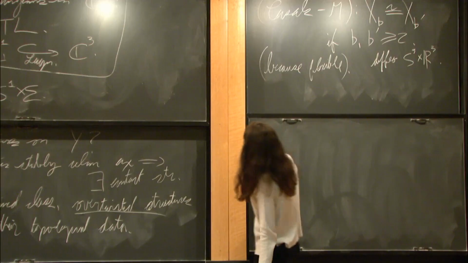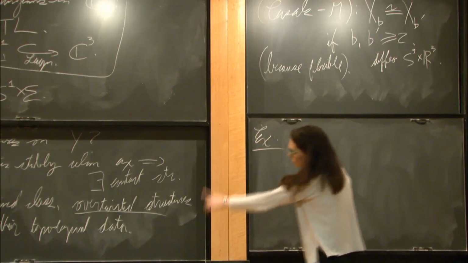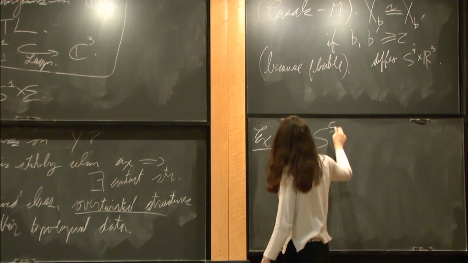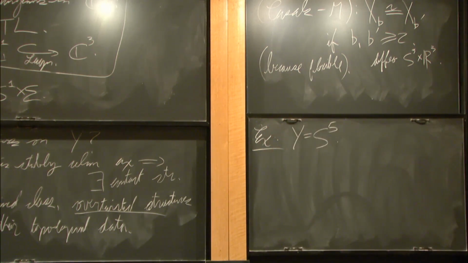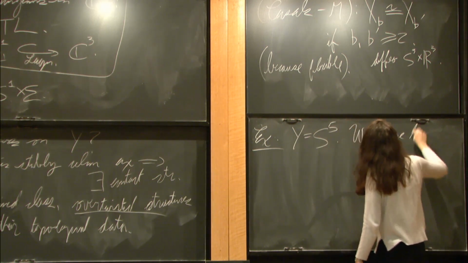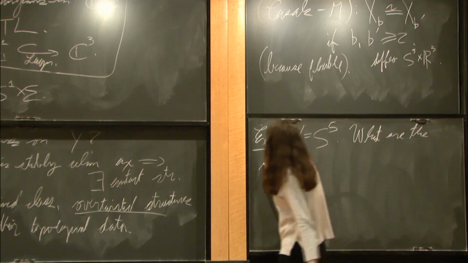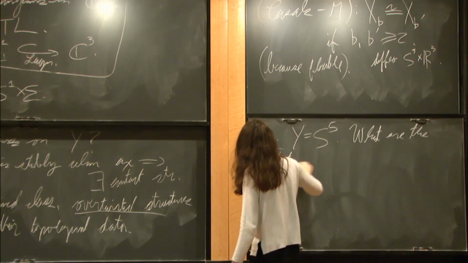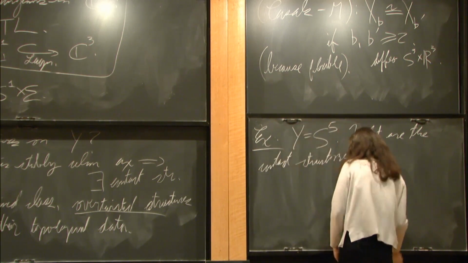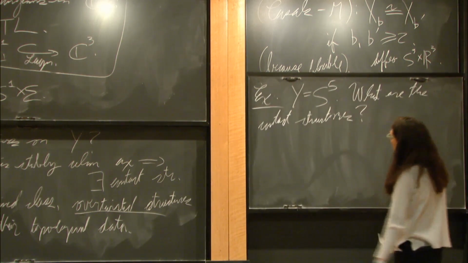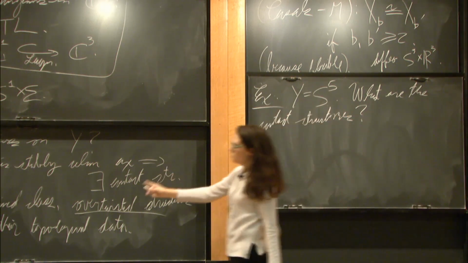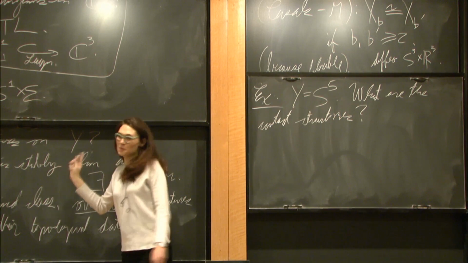For my example, let Y be S5. We can ask, what are the contact structures on this? There's something nice about this, which is that Y admits a unique stable almost complex structure.